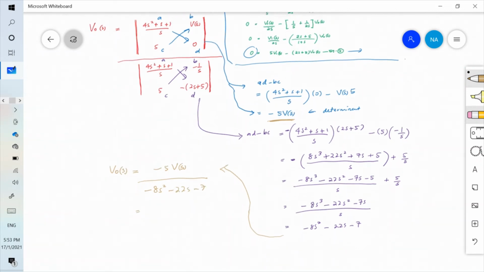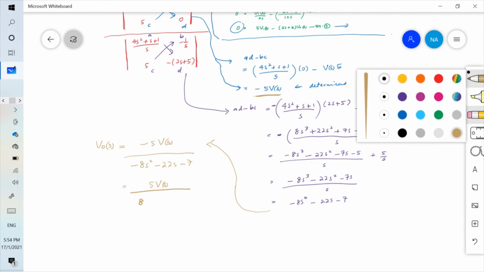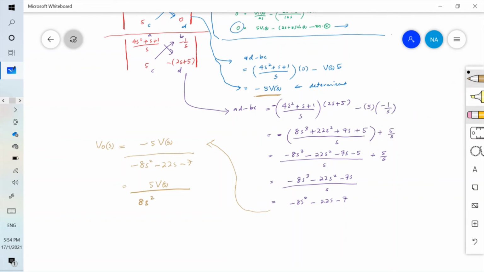Since we have a negative sign on top and bottom, we can cancel that, so it becomes 5 Vs over 8s squared plus 22s plus 7.